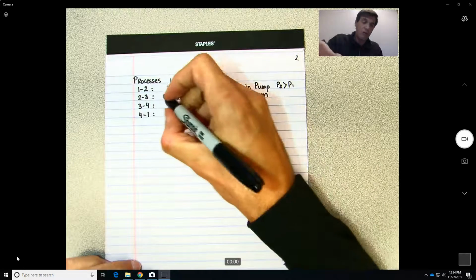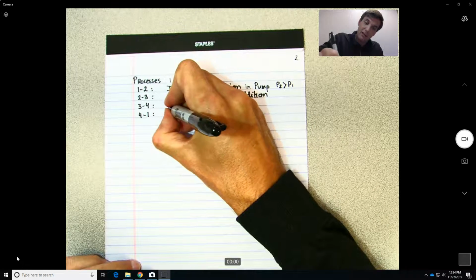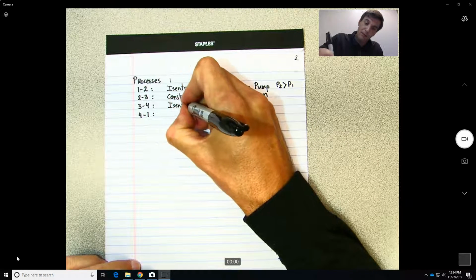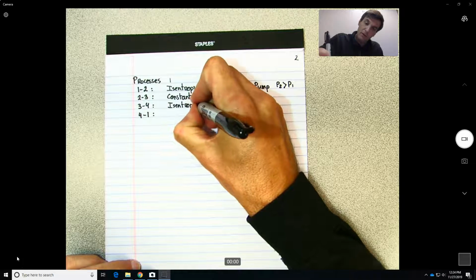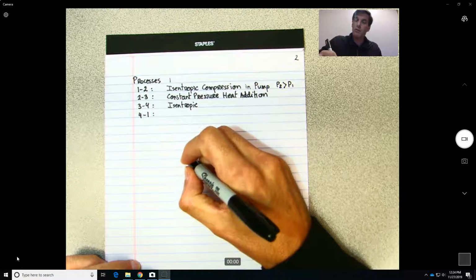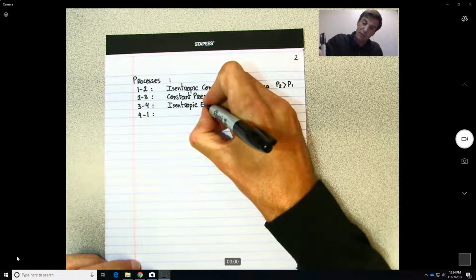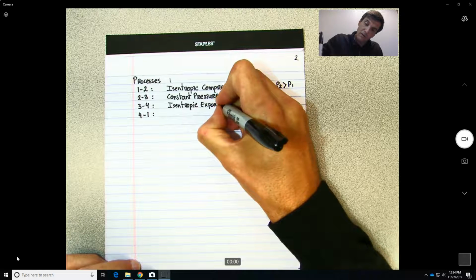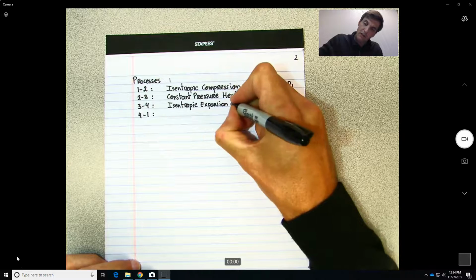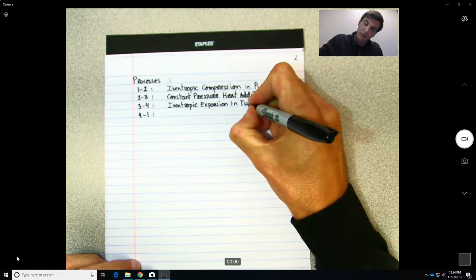Process 3, 4, now you go through the turbine, and they say an ideal turbine, so it's an isentropic. You go from a higher pressure to a lower pressure, so that's an expansion in turbine, so you generate power.